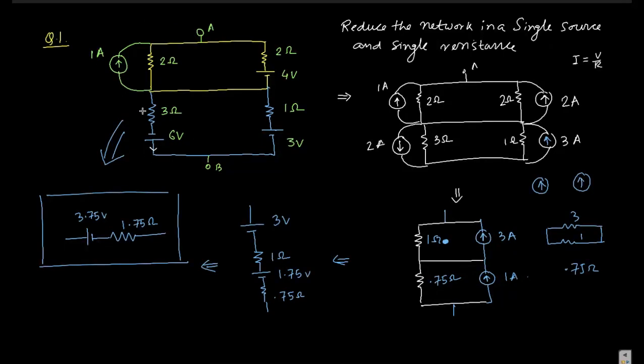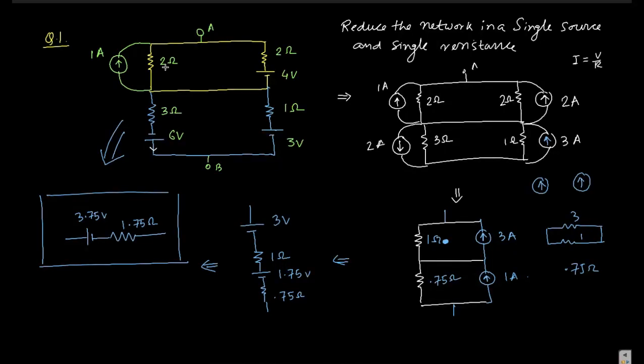That question you should ask: why am I not converting this current source into a voltage source? Because here the current source is associated with two parallel resistances, but in our source transformation technique, if a current source is associated with a single parallel resistance, then that current source can be converted into its equivalent voltage source.